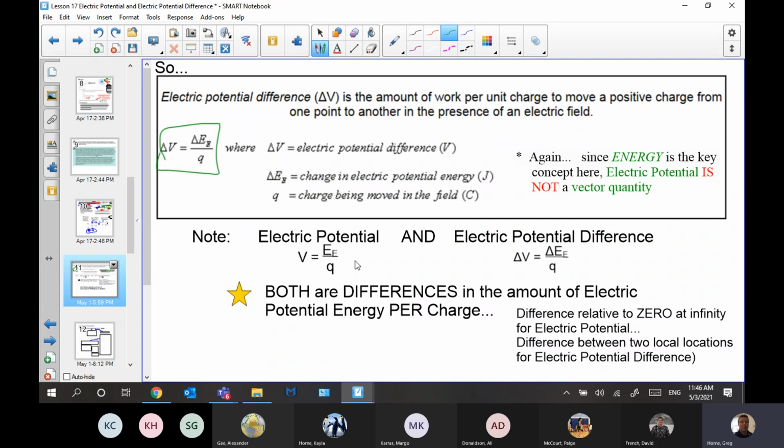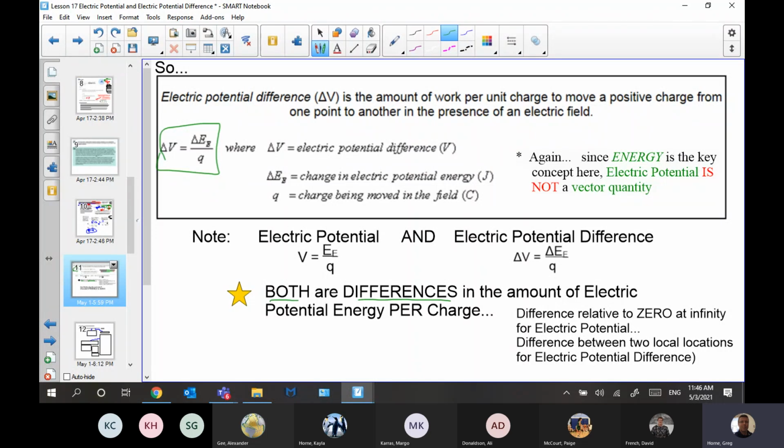Just as a recap, electric potential is V equals delta E over Q. Electric potential difference is delta V equals delta E over Q. These are both actually differences, but this one's just a difference in comparison to infinity.